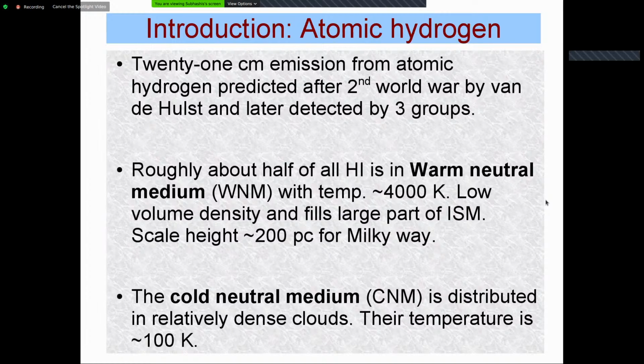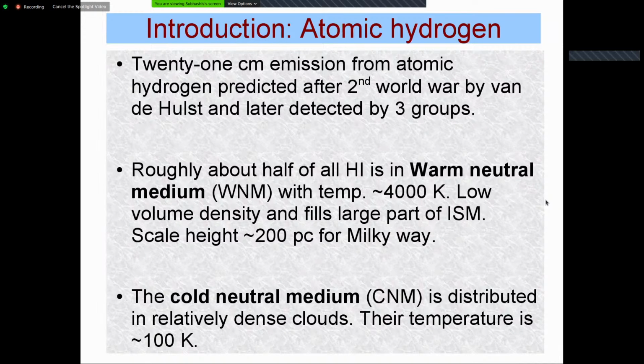One can ask the question, why is it that the density goes up when the temperature goes down? It can be shown that the various components of the interstellar medium are in dynamic equilibrium, meaning these are not really in static equilibrium, but quite often they are simplified by saying they are in equilibrium. This equilibrium means they should have pressure equality, because if the pressure is not equal, the component with higher pressure is going to expand and force the other component with lower pressure into a compact form, where the density increases.